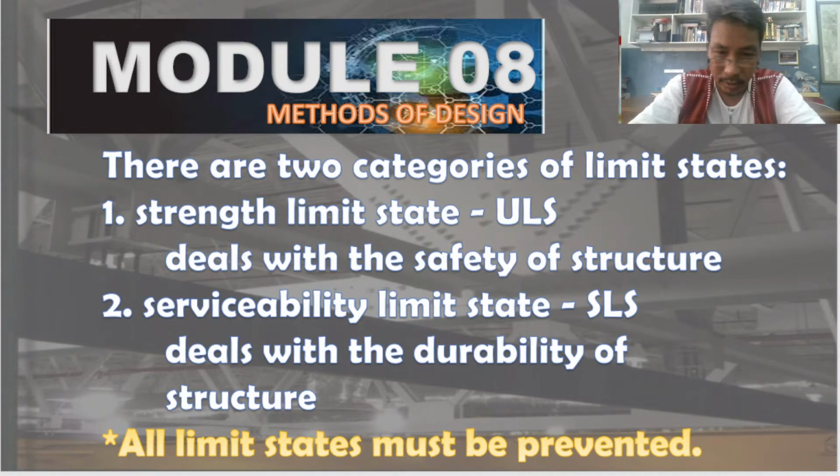There are plenty of them, but in this course we have a short and limited time for one semester. We will focus on the principle and concept of strength limit state or ultimate limit state.